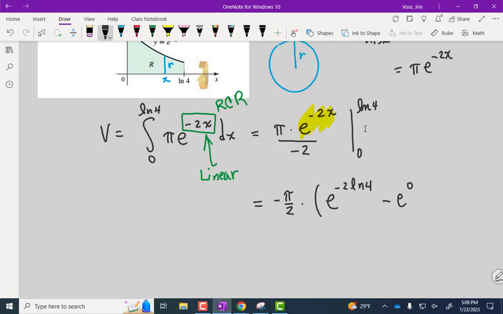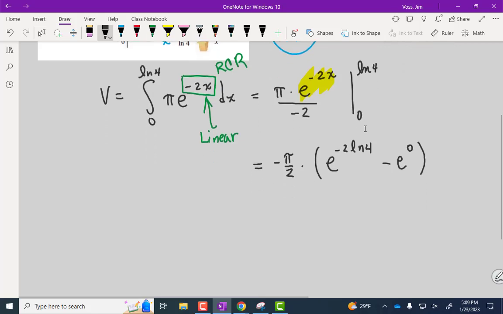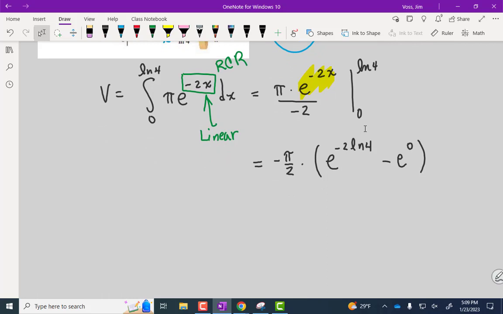Minus 1. I'll write it as e to the 0 for one step just to make sure. So in this case, the 0 matters. We had a lot of integration where the 0 didn't contribute. Here it matters. So then we get minus pi over 2, and this is going to be 1/16 minus 1.